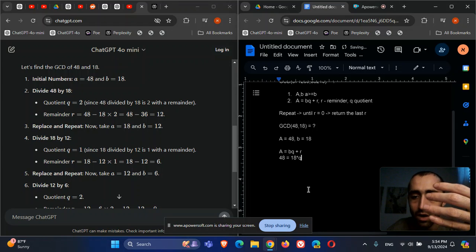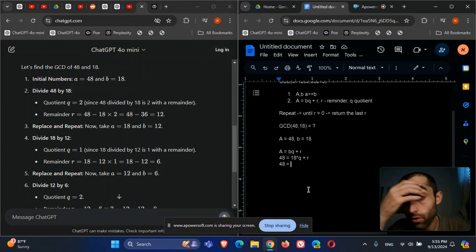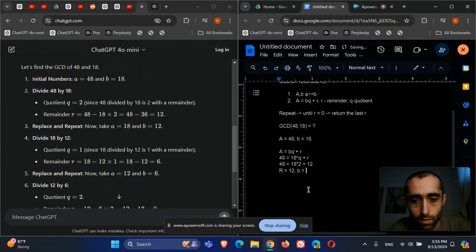Divide 48 by 18. 3 is too much, it's 54, which is more than 48, so we need to take 2. 18 times 2 is 36, and we have a remainder of 12. So here r is 12, b is 18, and a is 48.